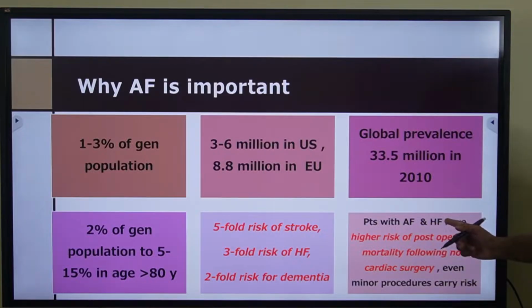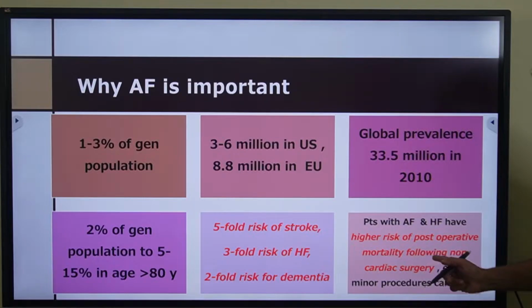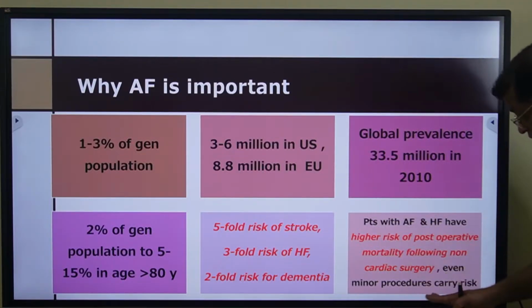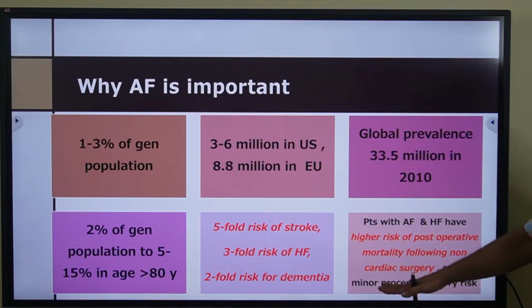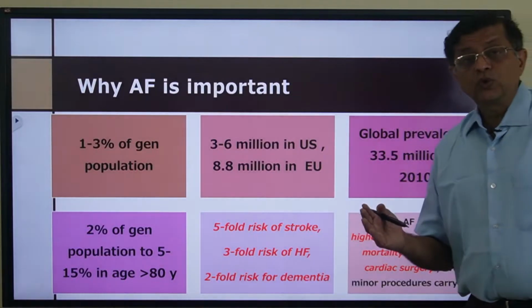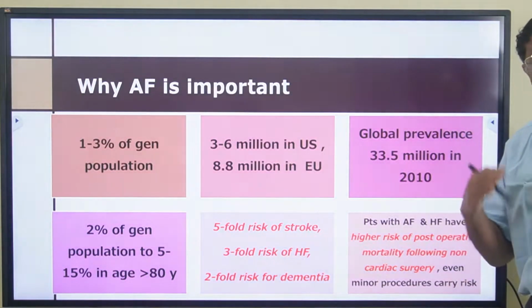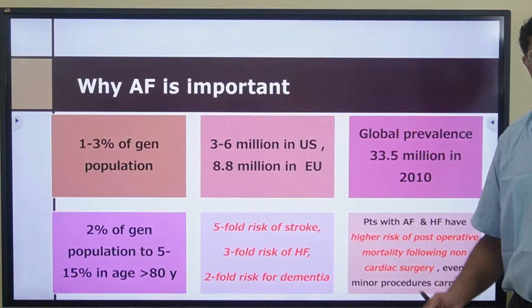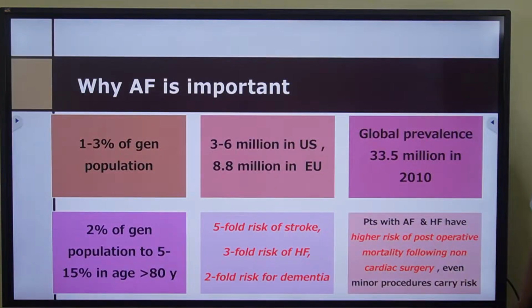Patients with AF and heart failure have a higher risk of post-operative mortality following non-cardiac surgery. So even if a patient has come for a relatively minor procedure and he or she has AF with LV dysfunction, the patient is likely to have higher mortality and morbidity during or after the procedure.